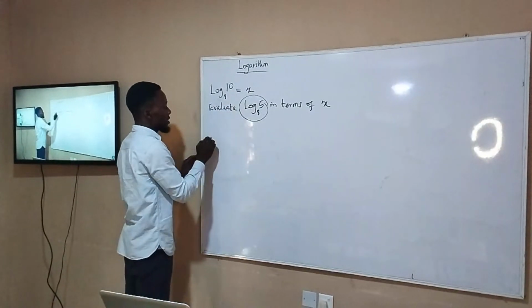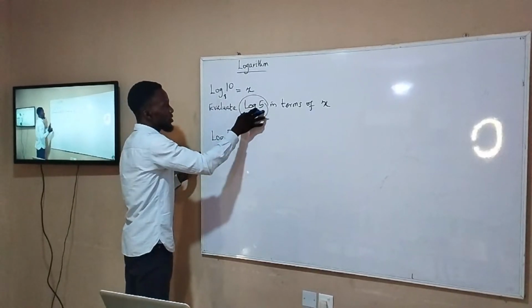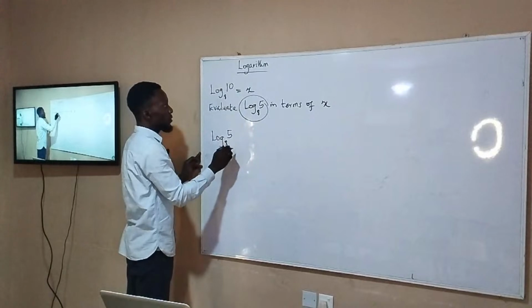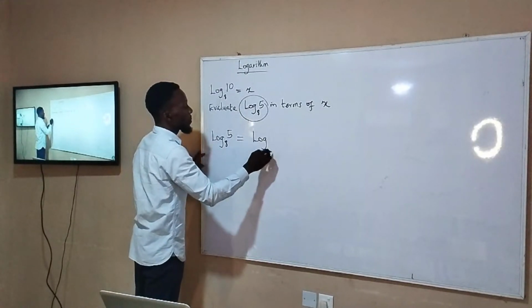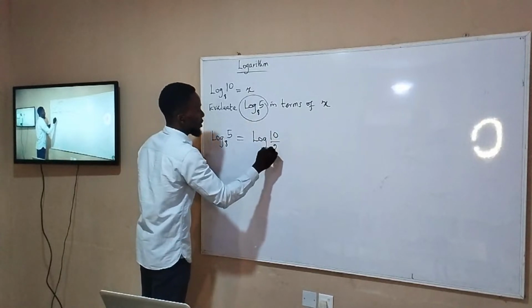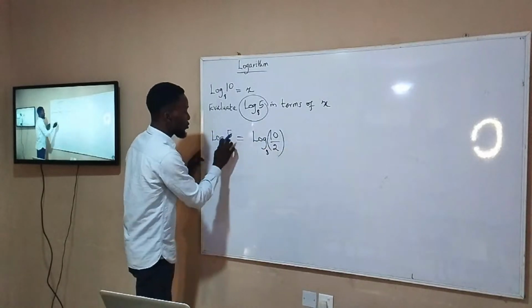But to simplify this, I will say log 5 base 8. I want to solve it in a way that log 10 base 8 reflects in it. So log 5 base 8 will be the same as log 10 divided by 2, base 8, because 10 divided by 2 is 5.